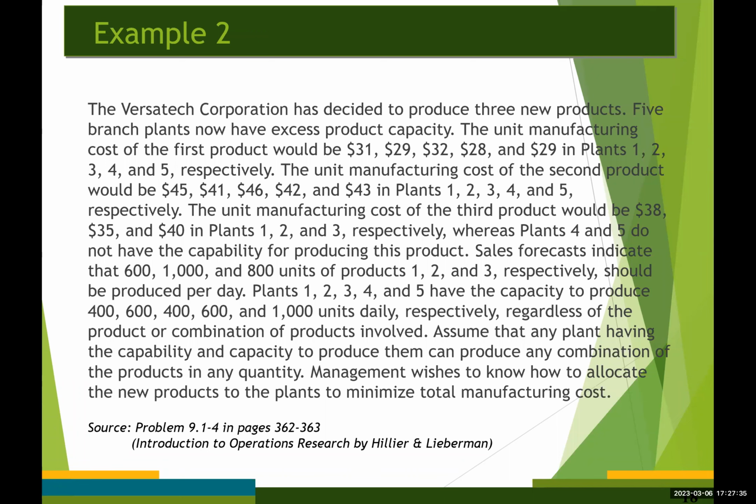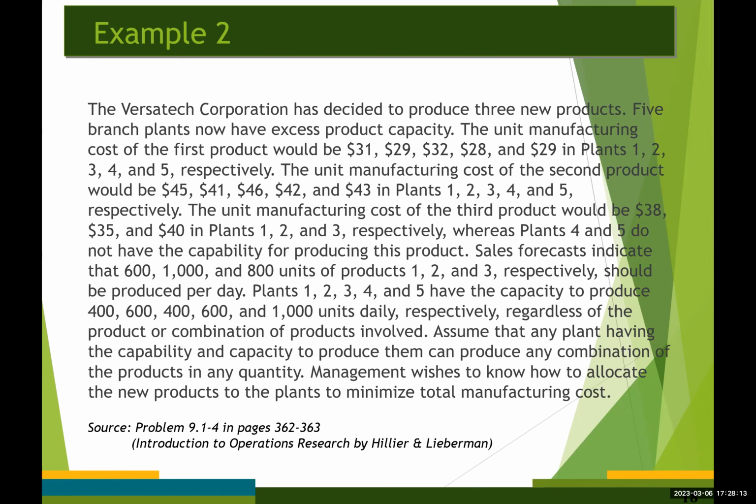Okay, so as you may notice, this example is very similar to the bank example that we discussed earlier. So in that bank example, the bank has two different sites and they process 3 different types of checks. Do you remember that, right? So while building the transportation parameter table for that problem, we considered the 2 processing sites as the sources and the check types to be the destinations.